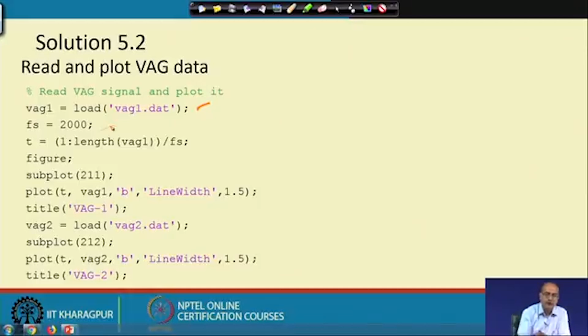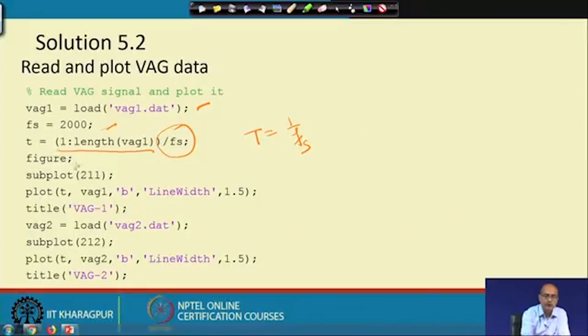If we look at the time axis to plot that, we find out the number of samples and multiply it with capital T, the time period, which is nothing but 1 by Fs, where Fs is the sampling frequency. So, to do that we have divided this vector by the sampling frequency. Now, we create the plot.